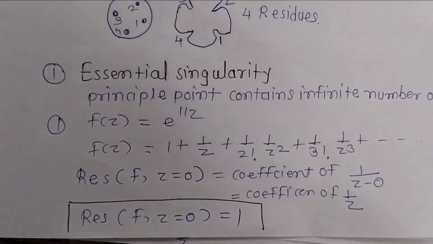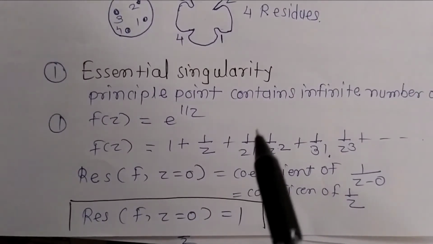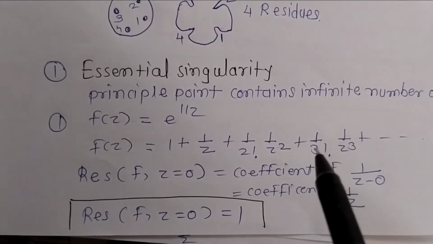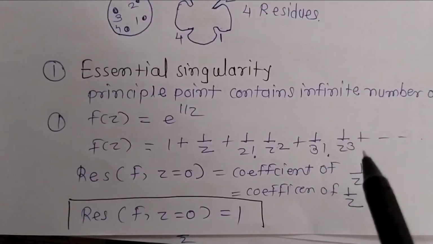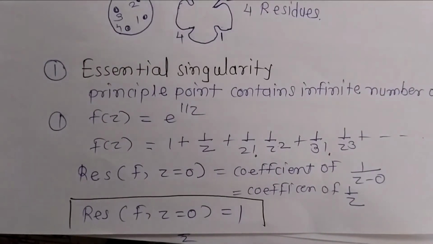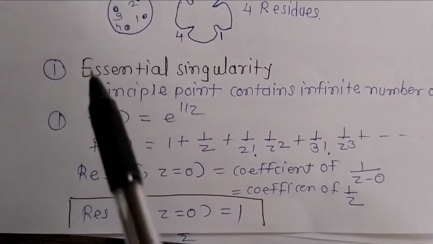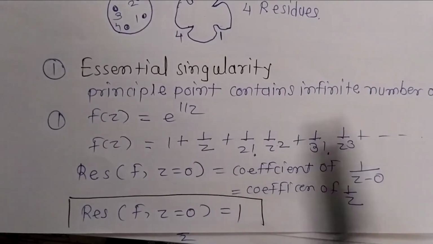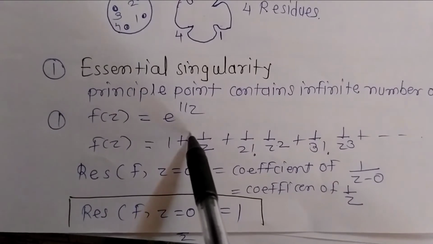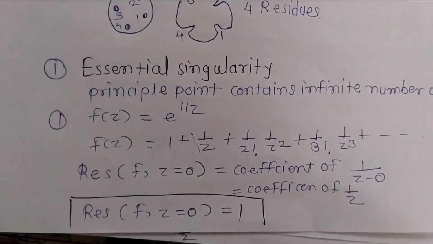Here f(z) = e^(1/z) = 1 + 1/z + 1/(2!) (1/z)^2 + 1/(3!) (1/z)^3 and so on up to infinity. These terms are the principal part, and since there are infinitely many, it is an essential singularity.